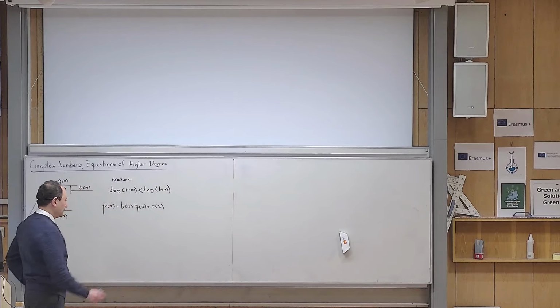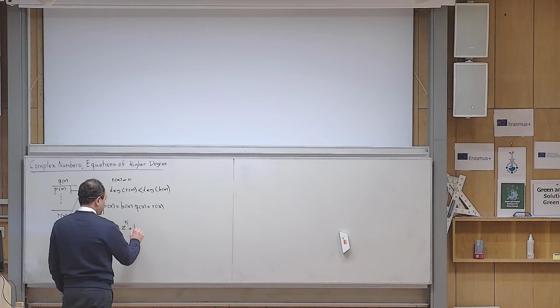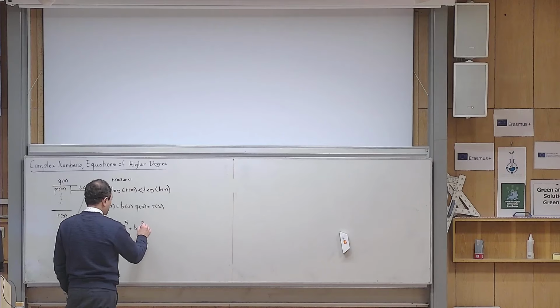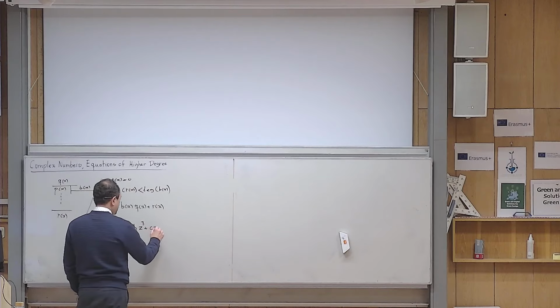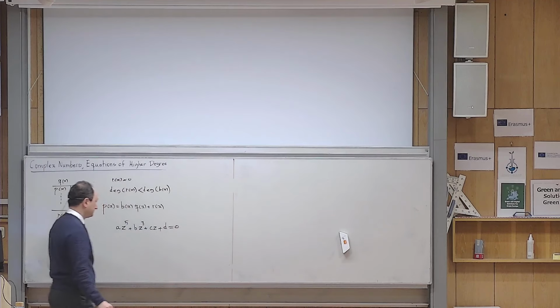For example, let me write a polynomial here for you. Let me write a x to the power of 5, plus b x to the power of 3, plus c x, plus d, equals 0.